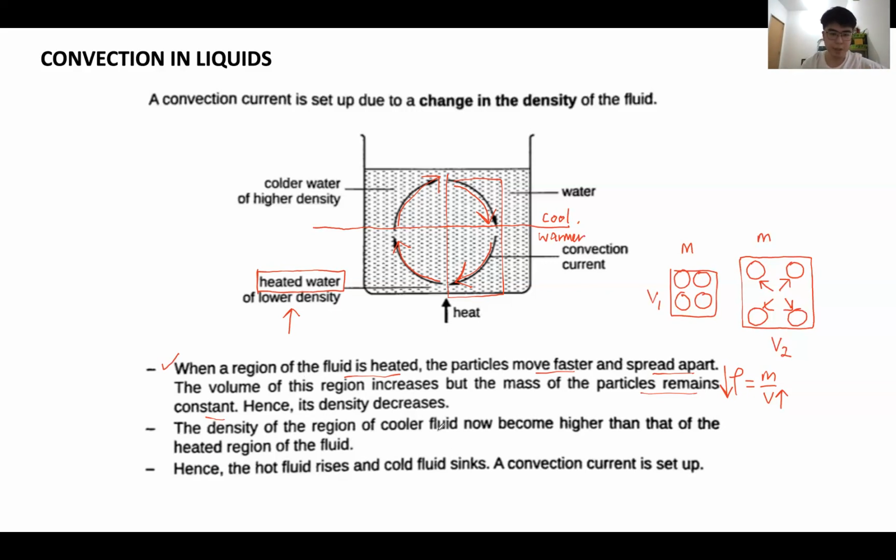The density of the region of the cooler fluid now becomes higher than that of the heated region. Hence, hot fluid rises and cold fluid sinks. This is a general rule of thumb: hot fluid or hot gases always rise, cold ones always sink. Okay, and then it sets up a convection current.